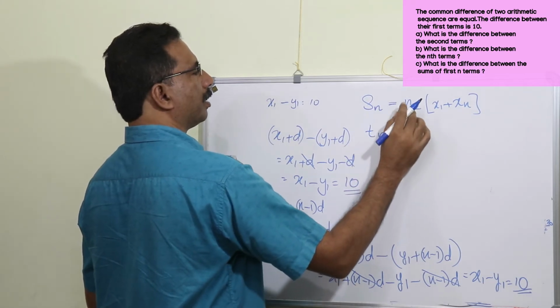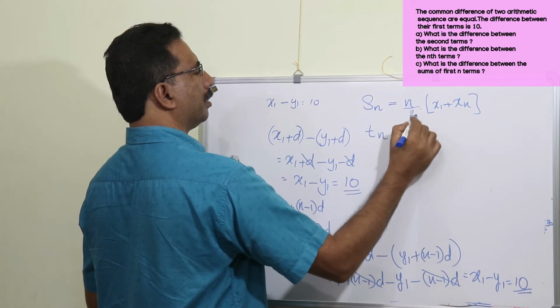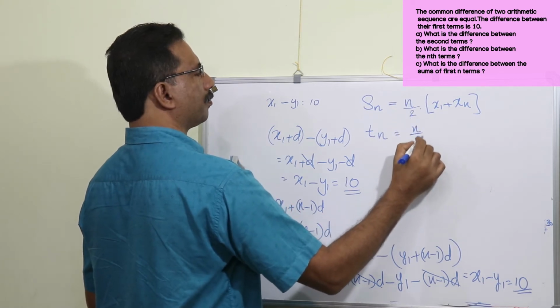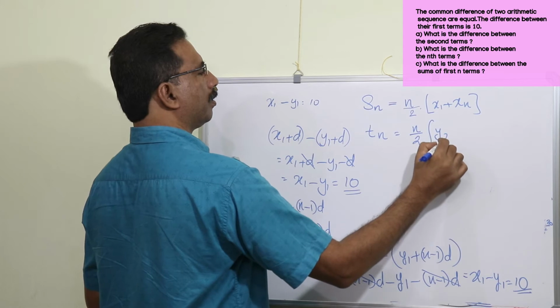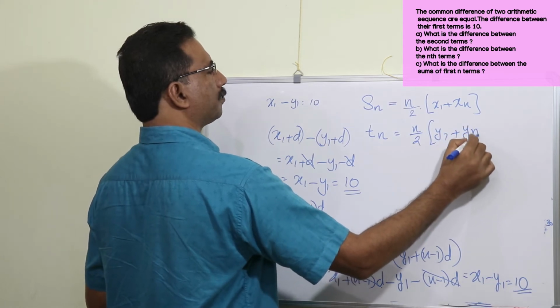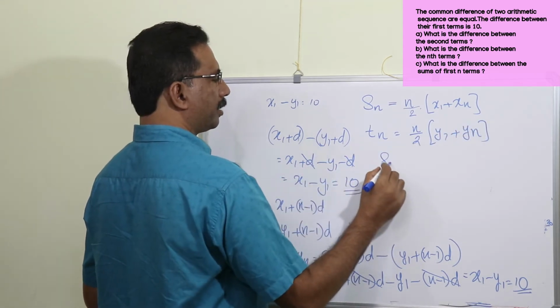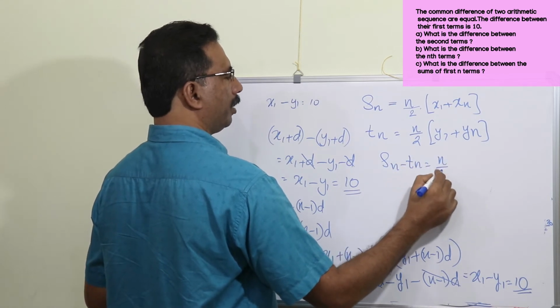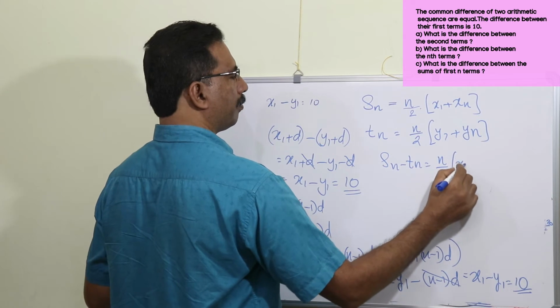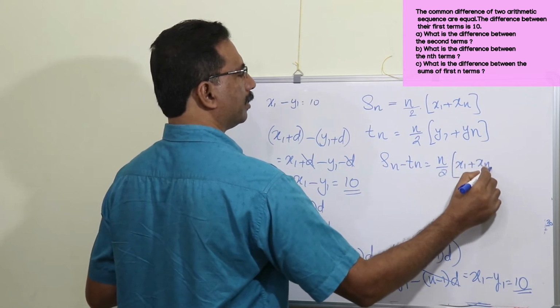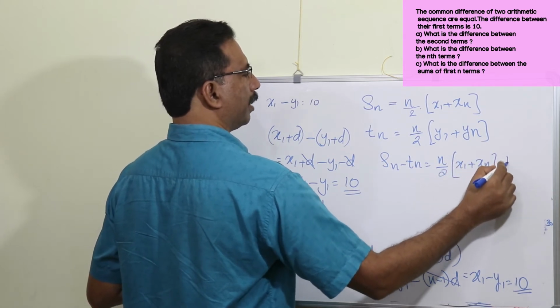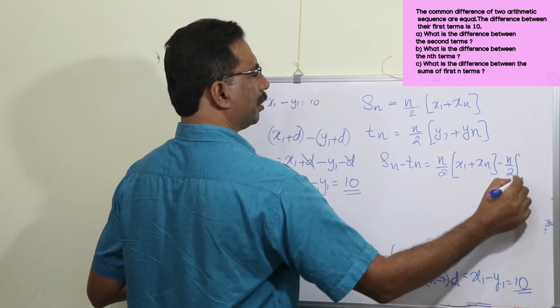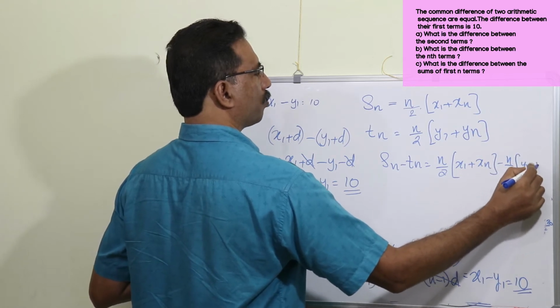It is also n by 2 into y1 plus yn. Now take the difference, Sn minus Tn is equal to n by 2 into x1 plus xn minus n by 2 into y1 plus yn.